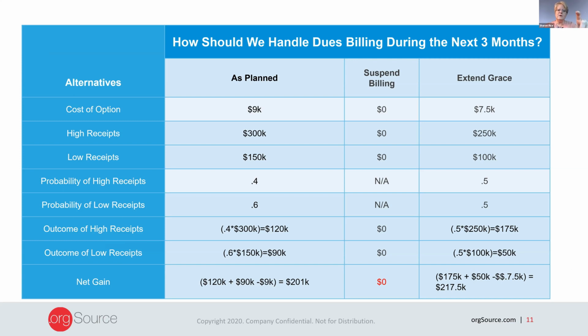So when we look at the cost of these options, here I want to talk about overhead. We have a choice where we can go ahead and assign overhead to these. A lot of times associations don't go to that level of detail when they're doing their financials, so they don't really necessarily know how much overhead is assigned to each program, like the membership program or dues billing program. So here, when I was calculating it, in my head, I'm going, well, overhead costs we're going to have to maintain anyway.